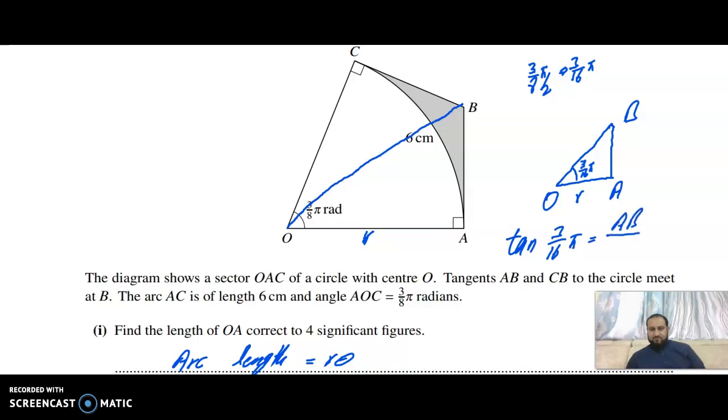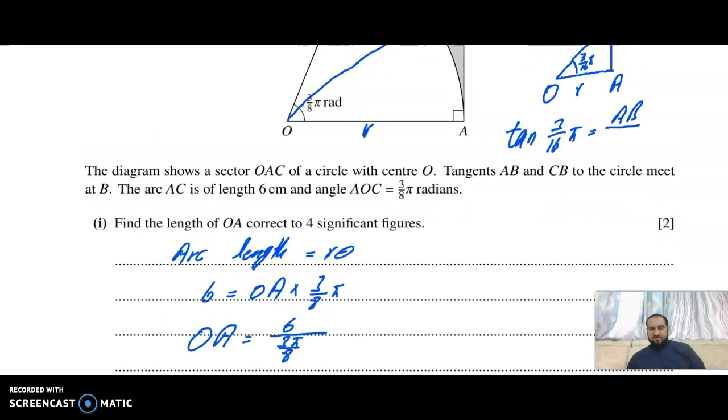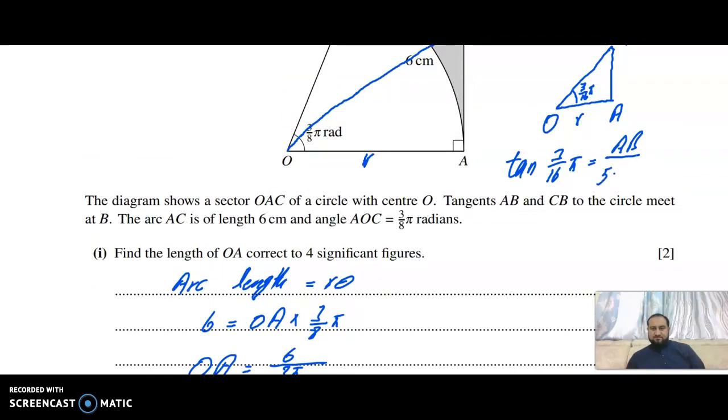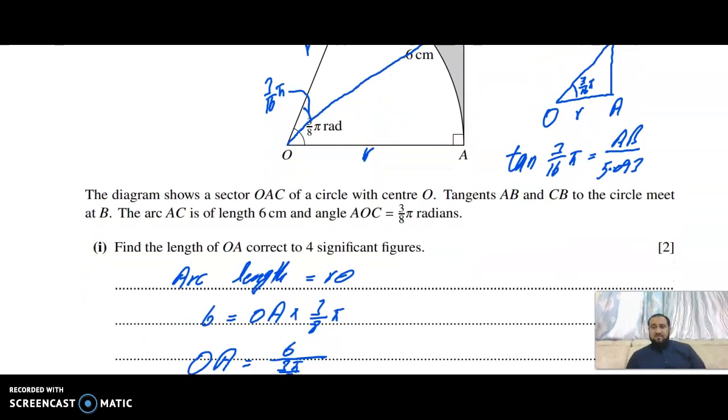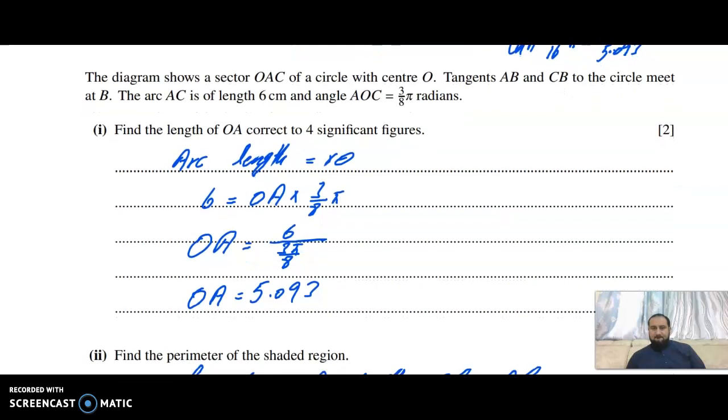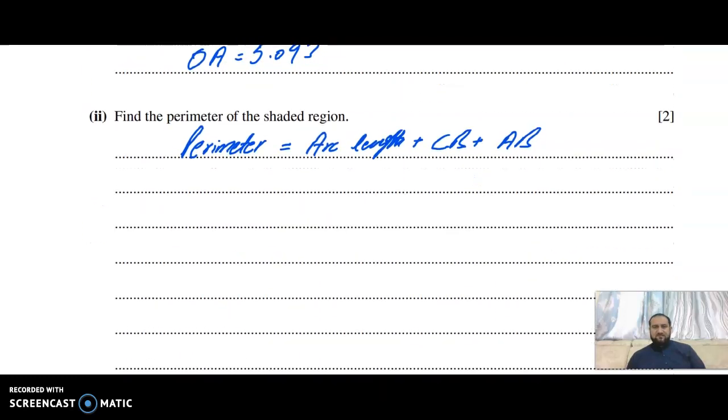So tan of 3 by 16 pi is equal to AB over r, where the value of r we just found is 5.093. Similarly, we need to know CB, and the same thing is happening, since this is r and again this angle will also be 3 by 16 pi, and r is given, so we can figure out what this is.